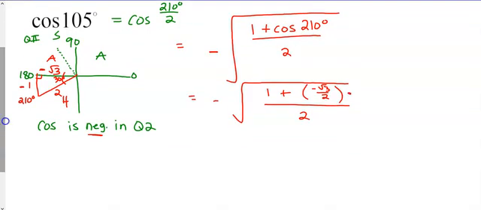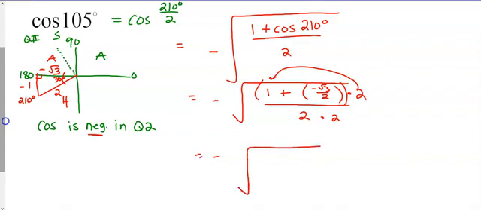I would multiply by 2, and I'm multiplying everything by 2. These are going to cancel, so then we can decide what our sign is going to be. We have a negative and a positive. The negative is going to win, so minus the square root of 2 minus root 3 over 4.